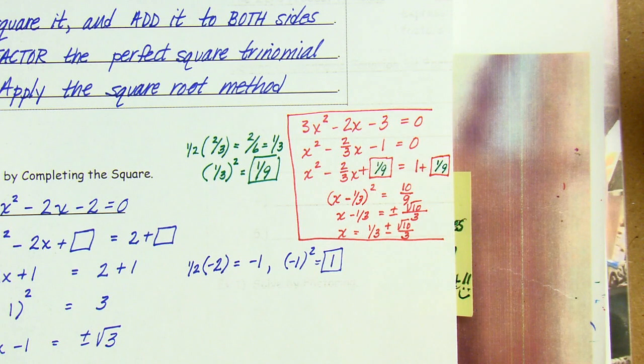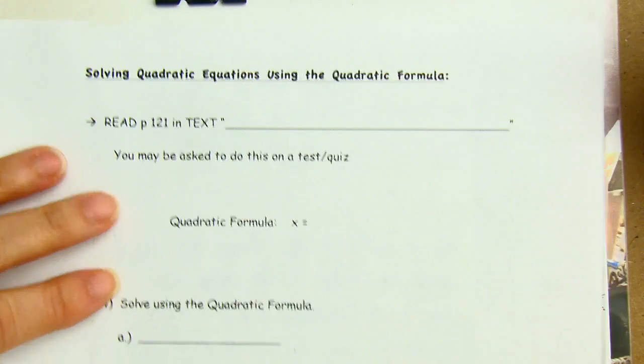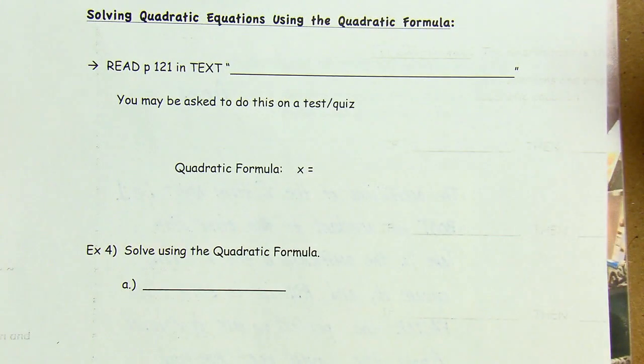All right, let's take a look at side 2 of the note sheet, which is now going to be talking about the quadratic formula. Students do like the quadratic formula more often than not because they like what I call plug and chug, which technically we never plug things in. It's called a substitution.